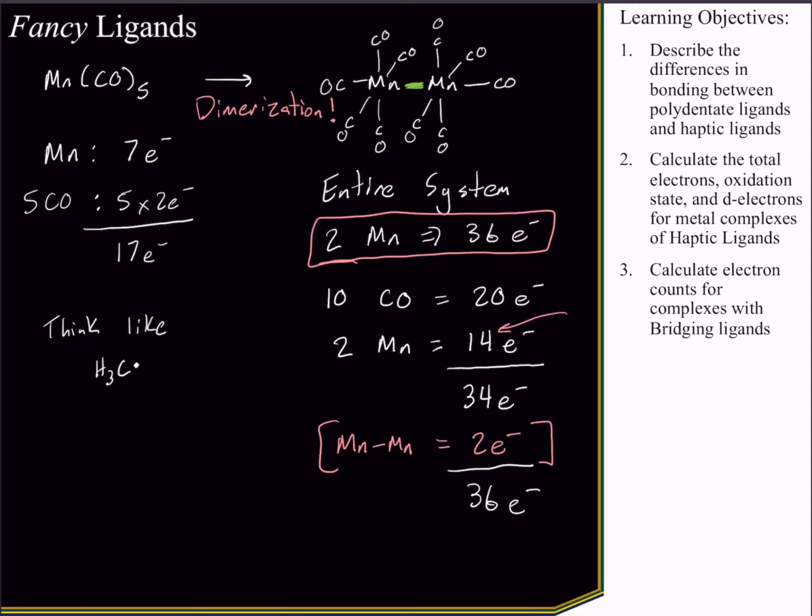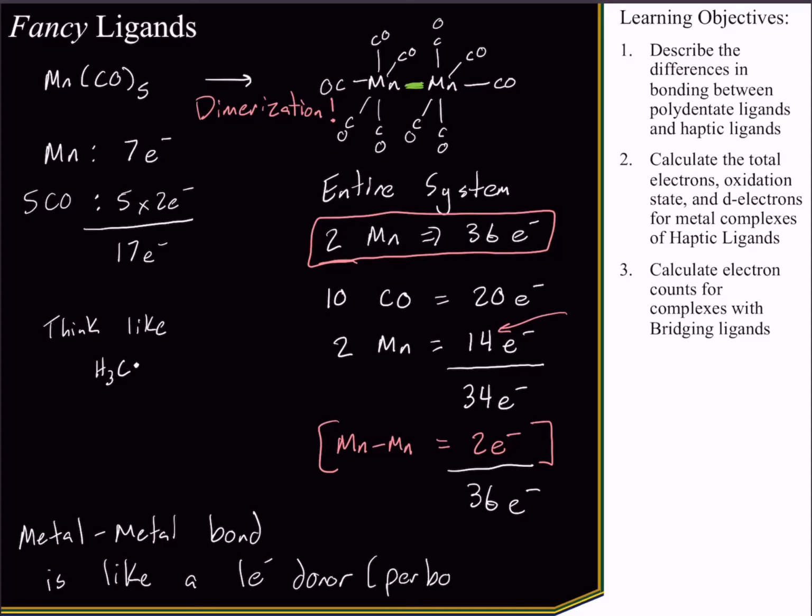The other way you could think of this is that a metal center acts like a 1 electron donor per bond, right? If that makes it a little bit easier to think about, that also works for electron counting. So we could say that a metal bond is like a 1 electron donor, and I will say that this is per bond.